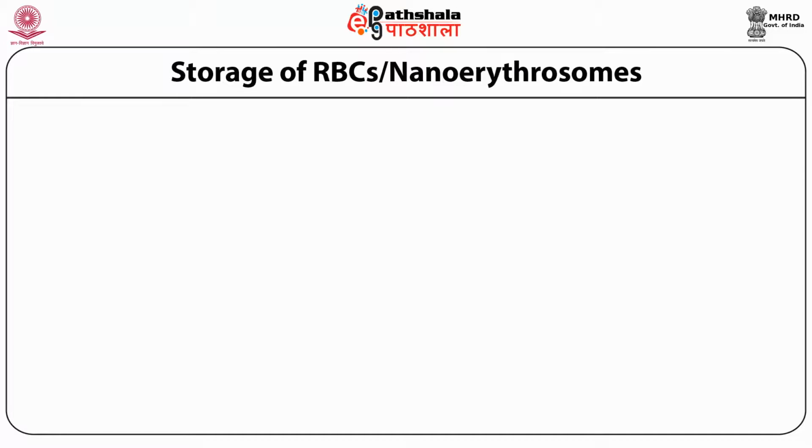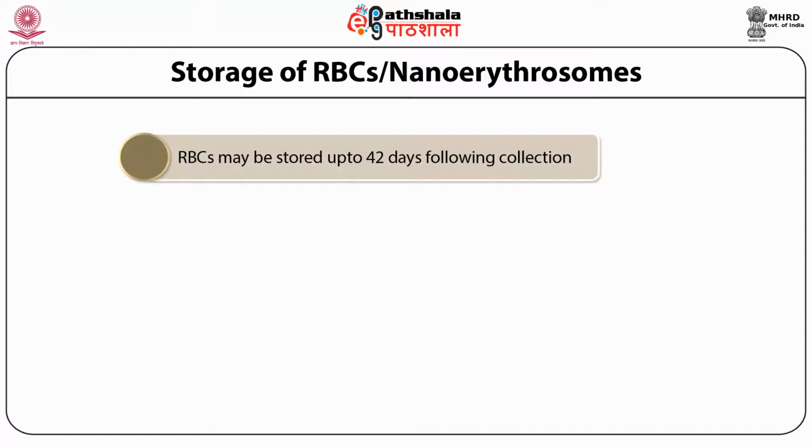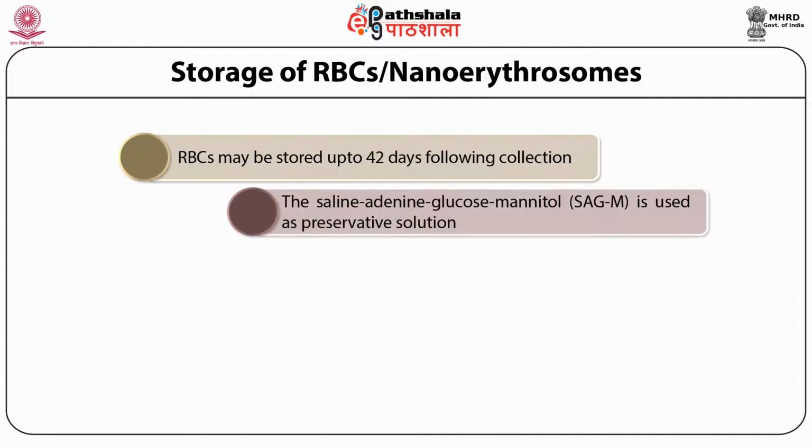The shelf life of RBCs and nanoerythrosomes may be prolonged through storage in a refrigerator using preservative solution. The majority of preservative solutions facilitate storage of about 42 days following collection. For instance, saline adenine glucose mannitol is used as a preservative solution.